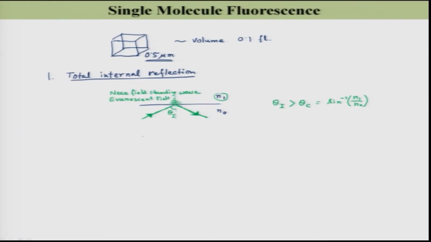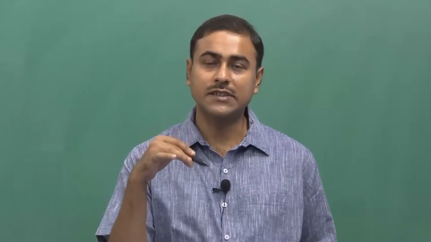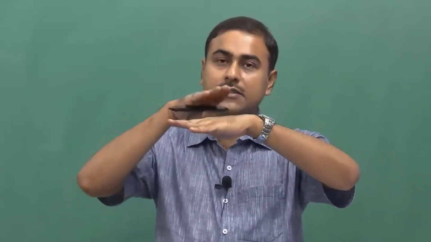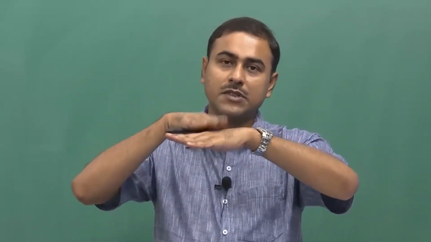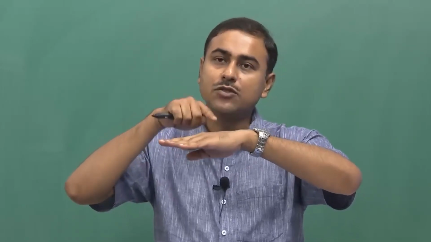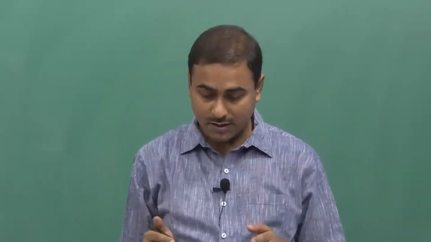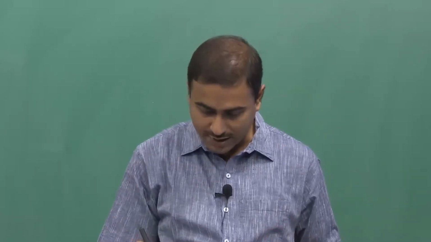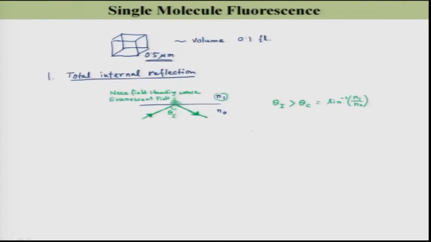Now, the strength of this evanescent field actually decays as you go away from the interface. Suppose this is your interface and this is your total internal reflection, and the evanescent field is generated here, but the strength of this field will decay exponentially as you move away from the interface. This can be written as I equals I0 e to the power minus z by d.